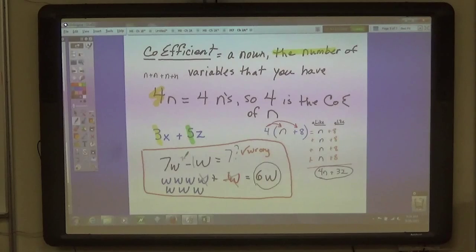What can't you add? Gray? Not alike terms. Now, what would those terms be? When would they not be alike? If there's 2 different variable letters. Okay, if the variables are different, you can't add them. Can you add a constant term and a variable term? Ava? No. What's a constant term?